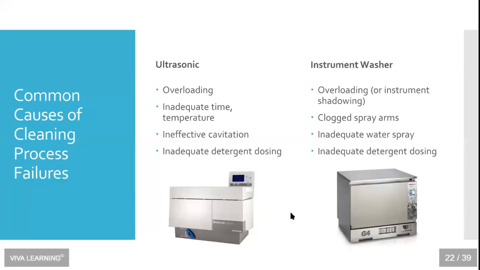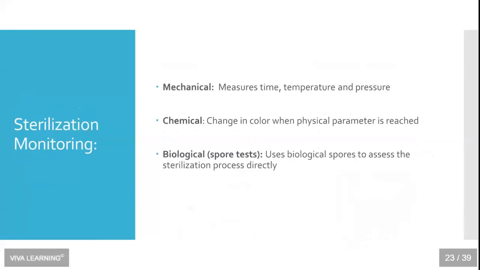Also, not enough time or too low of a temperature in the ultrasonic, ineffective cavitation, meaning if your device is not providing equally distributed sound waves amongst all portions of the chamber, and inadequate detergent, meaning not enough detergent. The instrument washer can fail due to clogged arm sprays, inadequate water sprays, and once again, inadequate amounts of detergent dosing, in addition to, of course, overloading of the device.